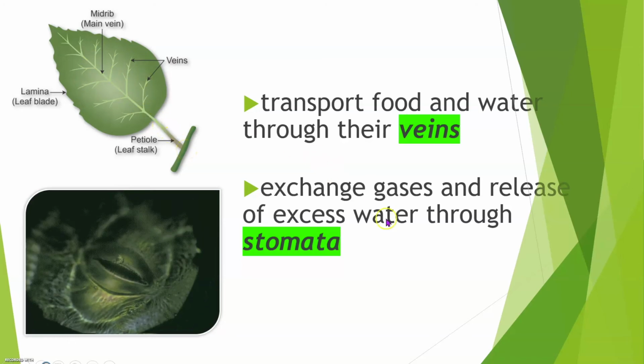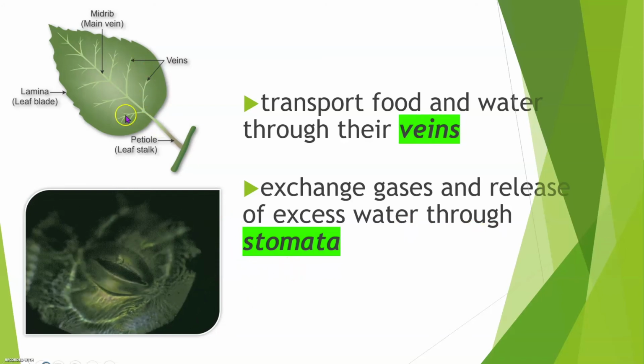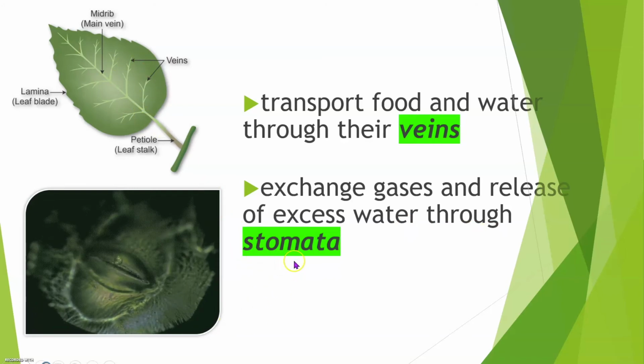Okay, next, exchange gases and release of excess water through stomata. So this is another part of a leaf, which is the stomata. Everybody repeat after me. Stomata. Very good.